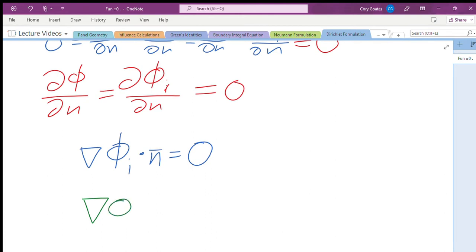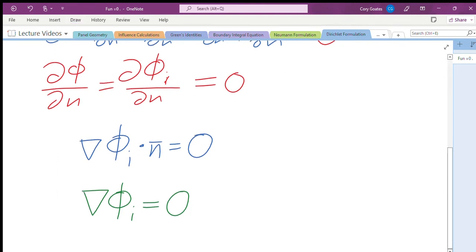Okay? You can see that if grad phi I is everywhere 0, then dotting it with the normal vector isn't going to change things. The result of that is still going to be 0. Okay? So I have a sufficient condition whereby if I can say that grad phi I is equal to 0, then this blue equation is satisfied, this red equation here is satisfied, and I satisfy the zero normal flow boundary condition.